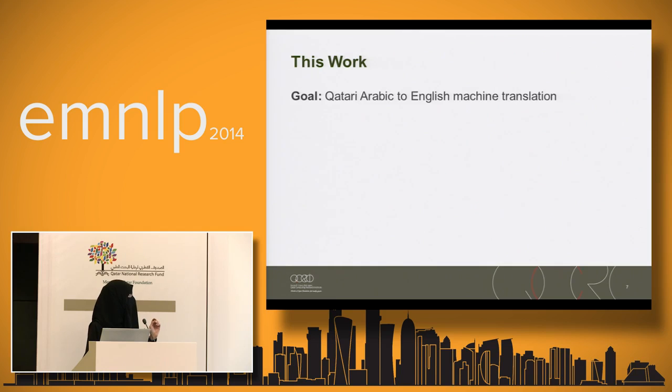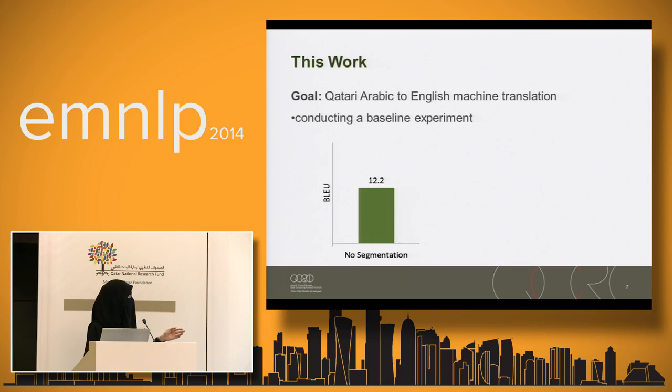Here, from the different dialects, we focused on creating a machine translation system to translate between Qatari Arabic and English. This is the first Qatari Arabic to English machine translation system, and we ran our baseline experiments, for which we got a 12.2 BLEU score.